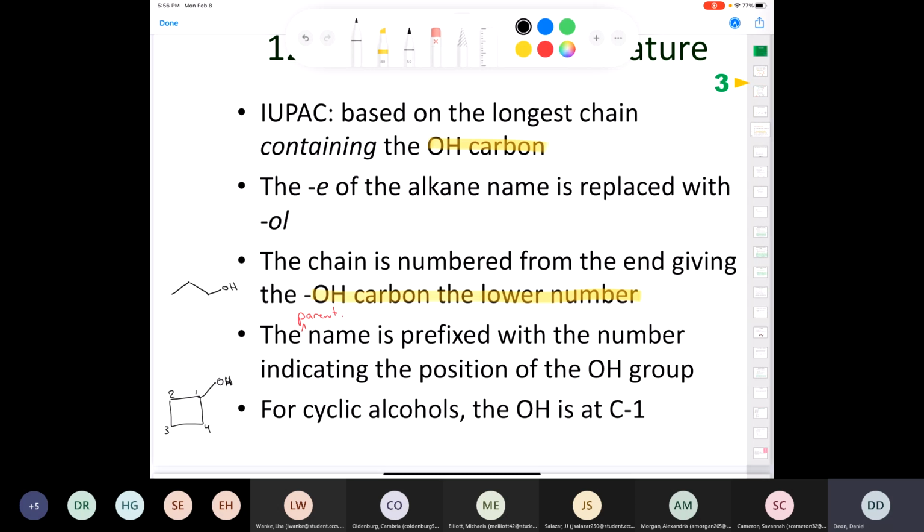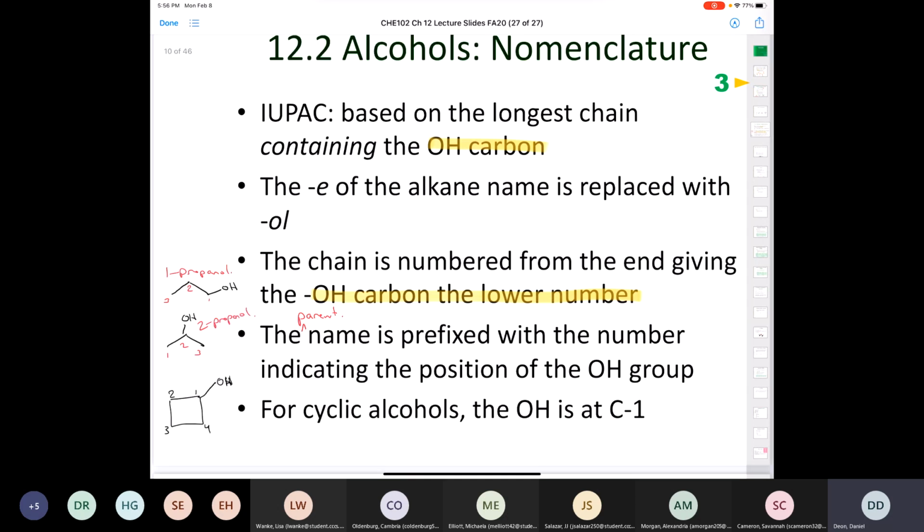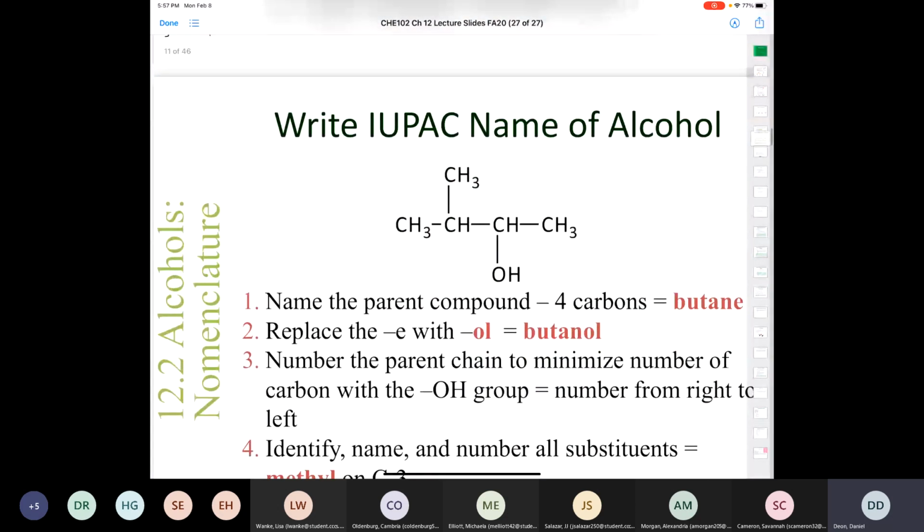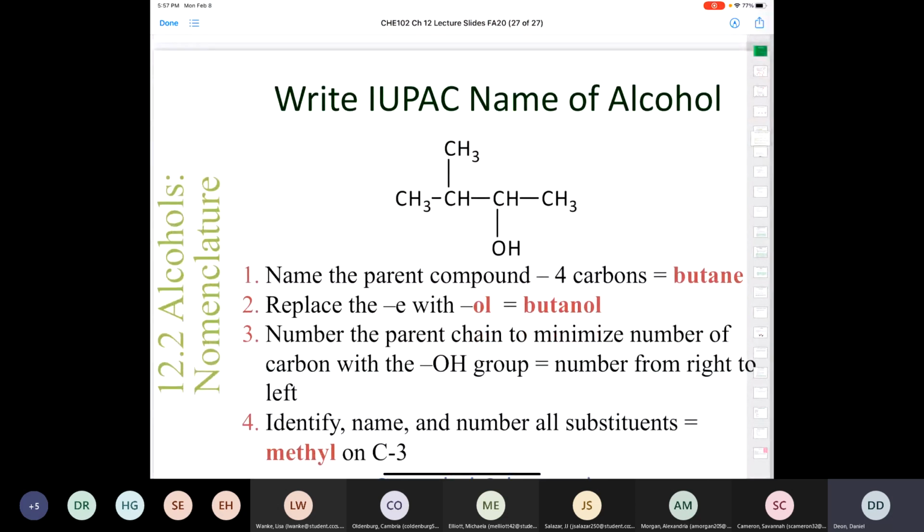If you have the hydroxyl on the first carbon like this, that would be called 1-propanol. And if you had it in the middle, like this, and you number those, 1, 2, 3, this would be called 2-propanol. Just food for thought. And again, we're going to look at more examples. So there we go. Well, with that in mind, let's try and name an alcohol.